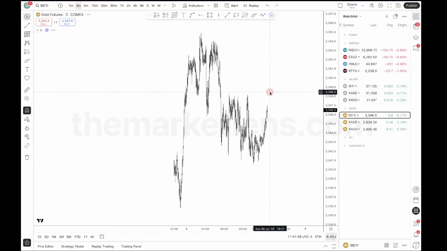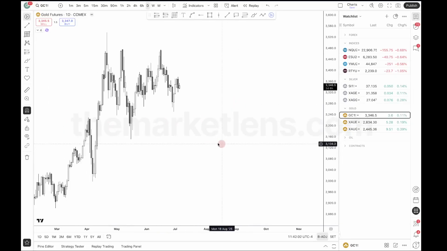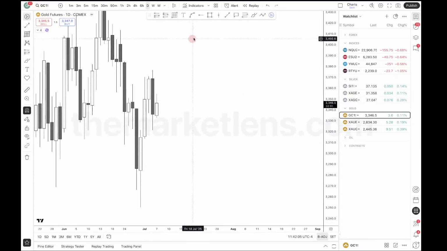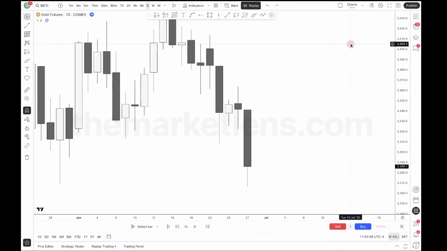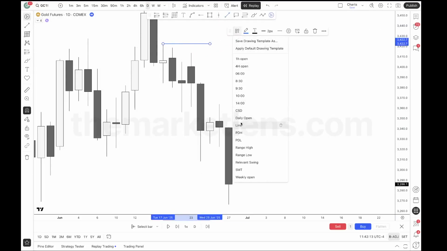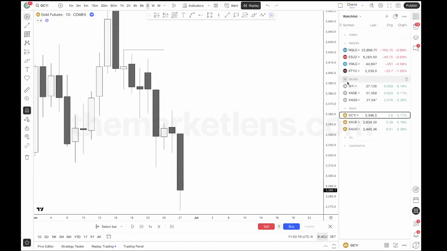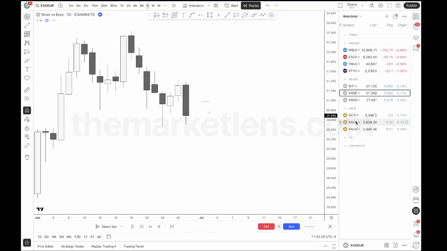If I go to this day here, like I mentioned earlier, within candles, you will have Monday open here. Let's go back a little bit. I think it was with this asset.